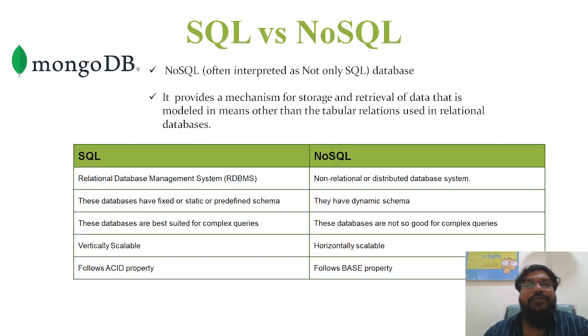NoSQL can be termed as "not only SQL" database, and it provides a mechanism for storage and retrieval of data which is not in a tabular form. In earlier days, we used to have data in a tabular form, which was stored only in the context of text.